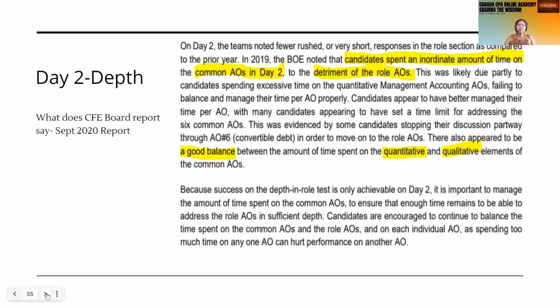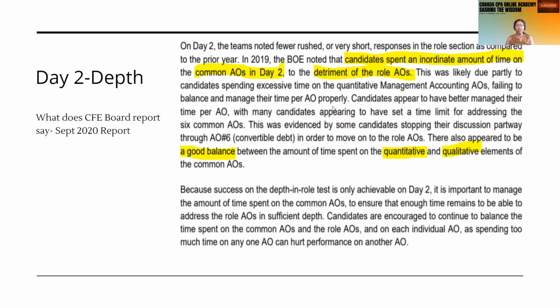Now, if you see the CFE Board Report, I'm referring to the recent one, the September 2020 CFE Board Report, what the board is saying is that candidates spend an inordinate amount of time on common AOs in day two to the detriment of the role AOs. This was likely due partly to candidates spending excessive time on quantitative management accounting AOs, failing to balance and manage their time per AO properly.